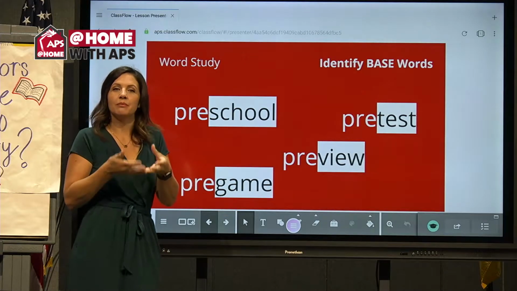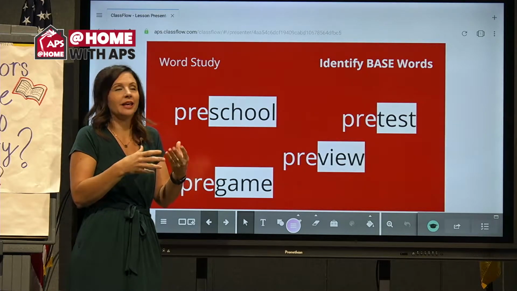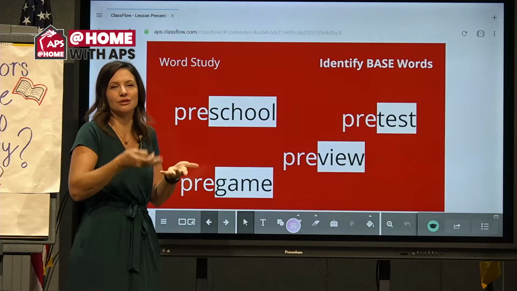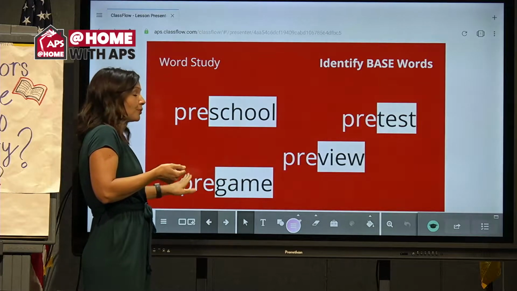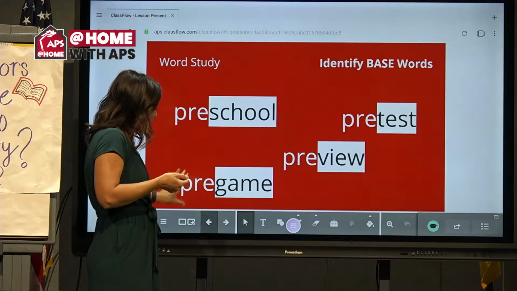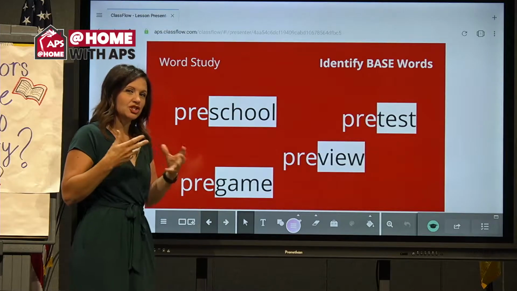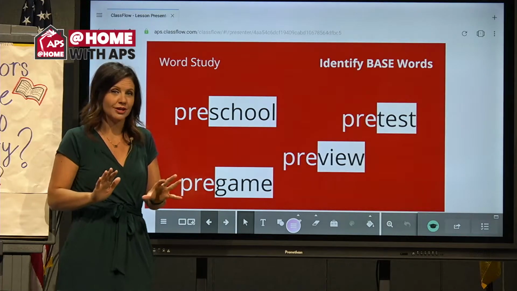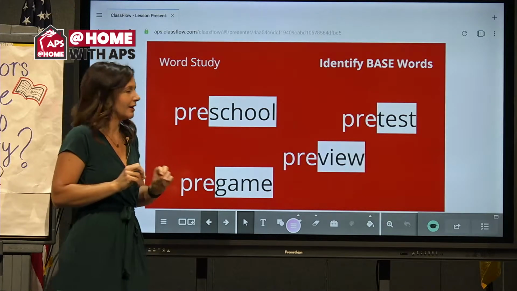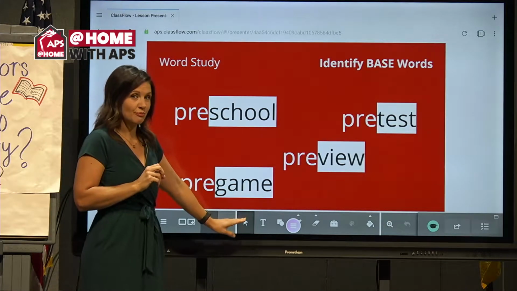The word game on its own is a word. I can use it in a sentence. I can use it when I'm speaking. I want to play a game. To pre-game, to put pre in front, changes the word a little bit. But remember, pre on its own is not a word. Game is our base word.